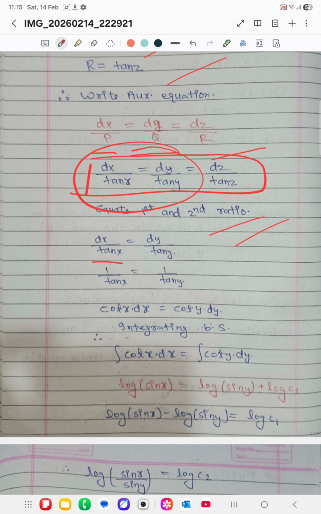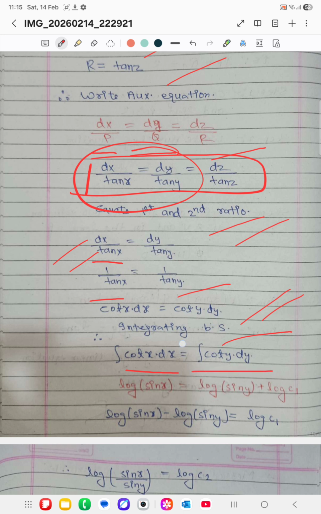So that will become, we know that 1 upon tan x is cot x into dx, and 1 upon tan y is cot y into dy. Okay, and by integrating both sides we find that integration of cot x dx is equal to integration of cot y dy.